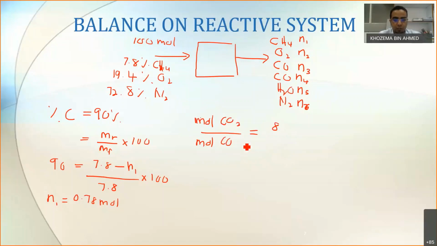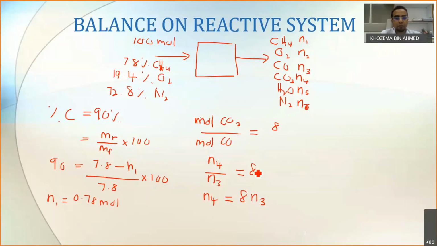Since CO2 and CO only appear in our product stream, and we have labeled them N3 and N4, I can write N4 over N3 equals 8, so N4 is equal to 8 N3. So we have another equation that relates the mole of CO2 to the mole of CO.